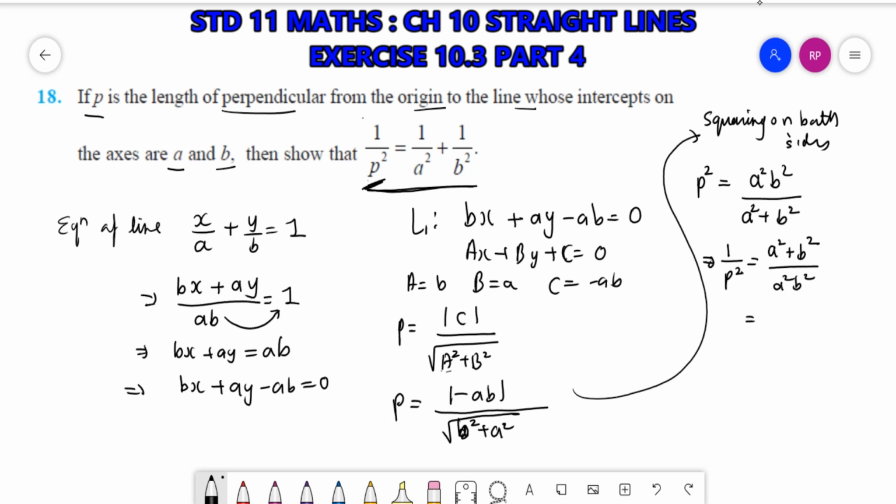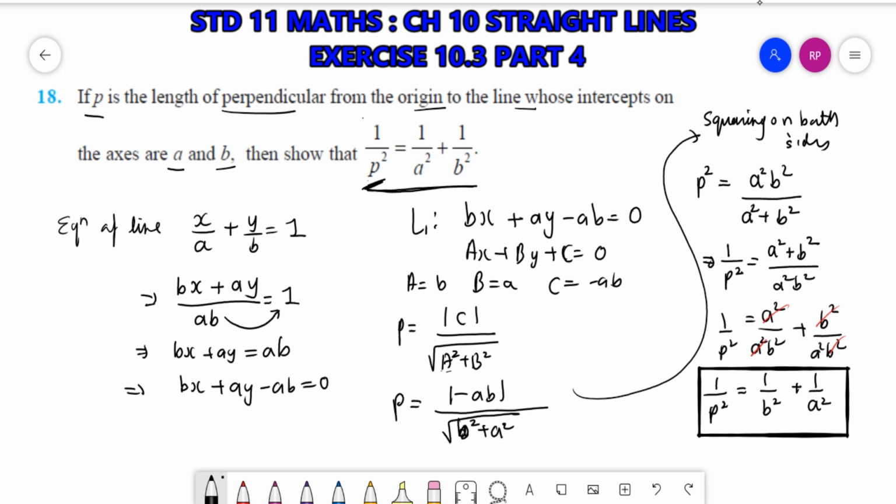So this will be equal to a square upon a square b square plus b square upon a square b square. So a square will get cancelled here, and b square will get cancelled here. So 1 by P square equal to 1 by b square plus 1 by a square.